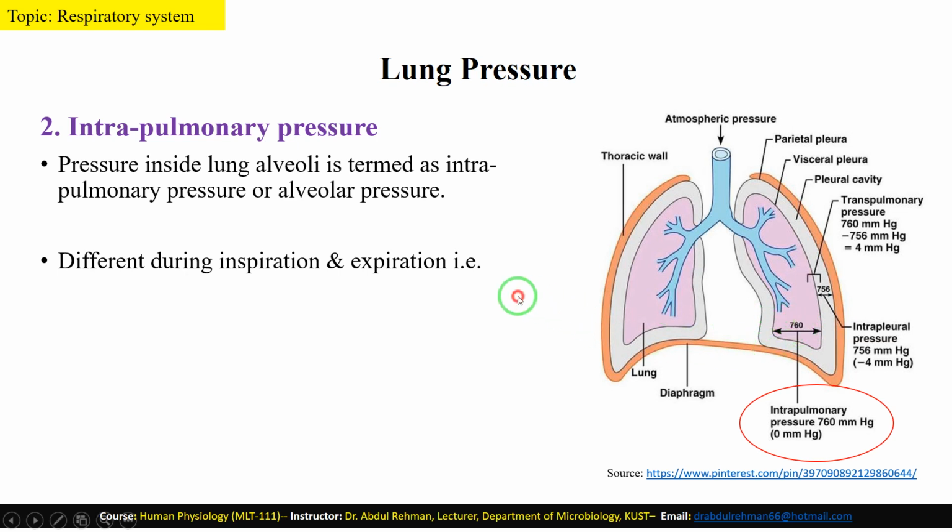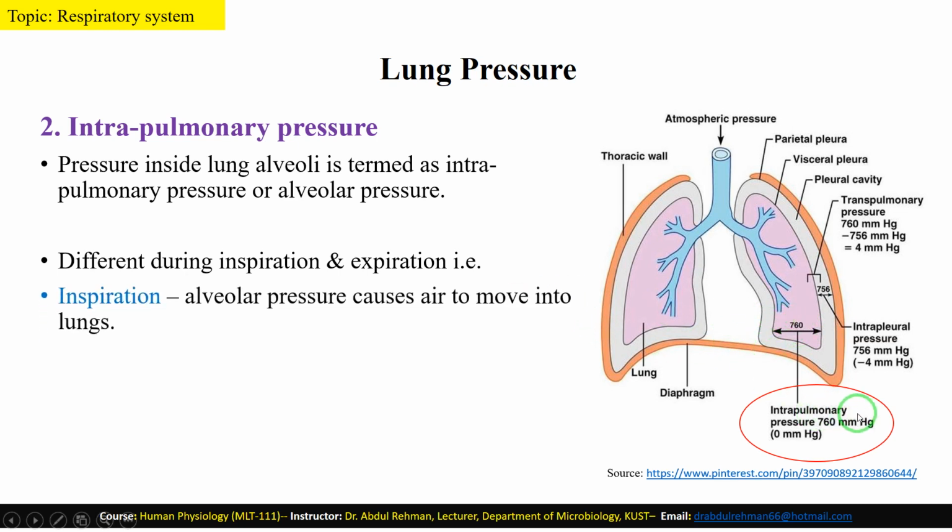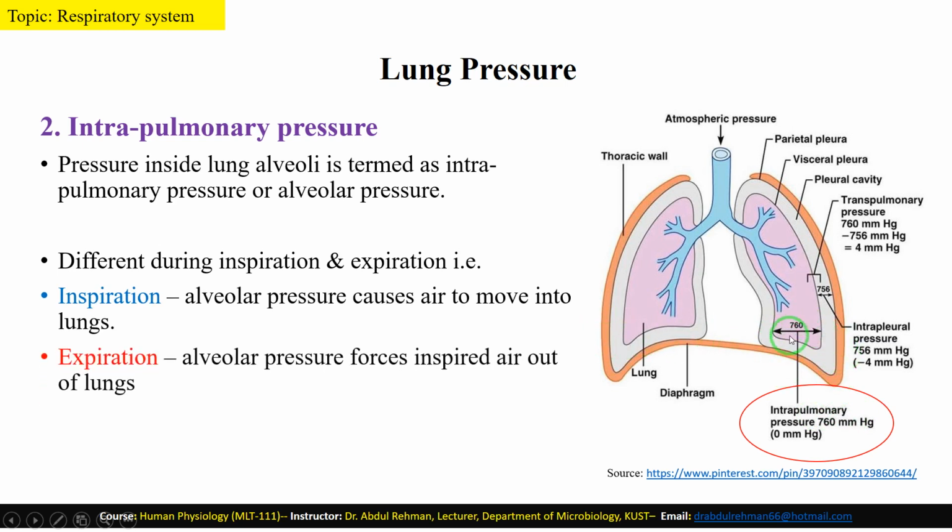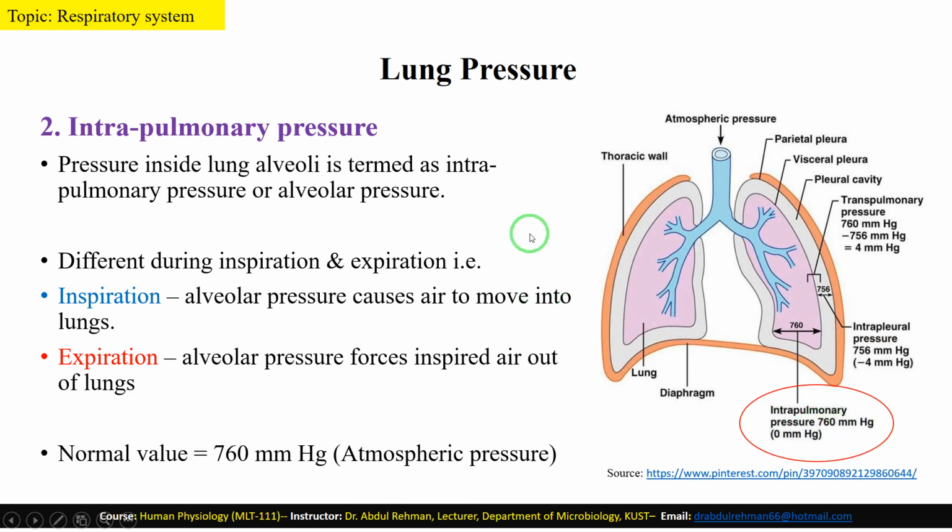During inspiration, intrapulmonary pressure allows air to move into the lung, while during expiration, it forces the trapped air to move out of the body. Its normal value is equivalent to atmospheric pressure, that is 760 mm Hg.